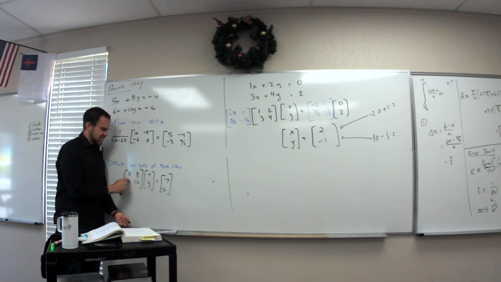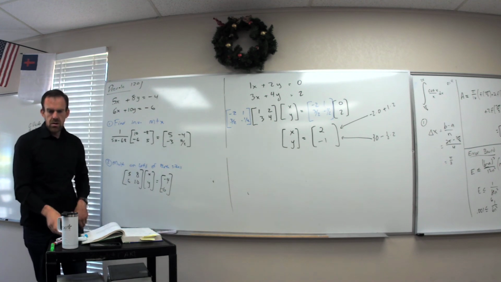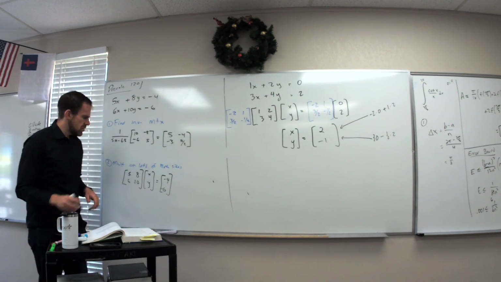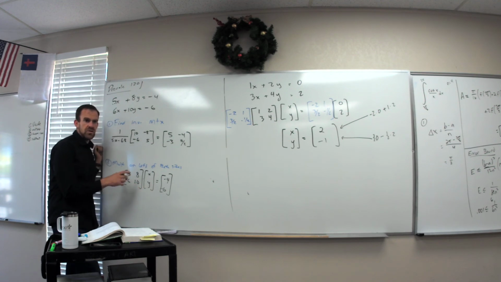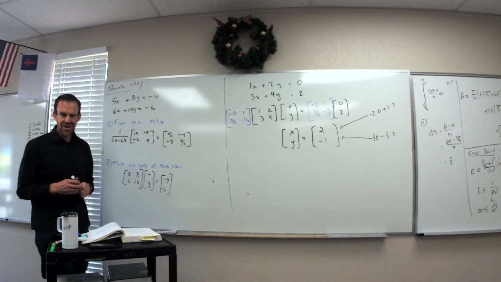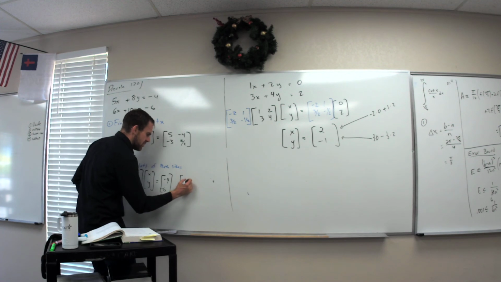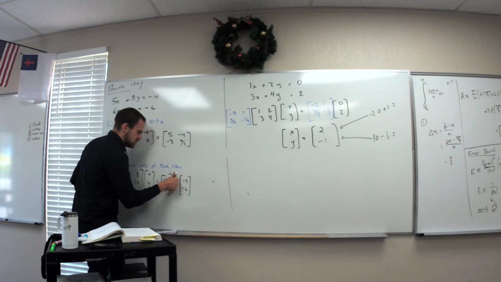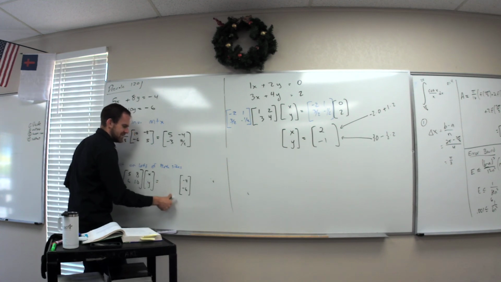And then I get 6x plus 10y equals whatever these things are on the right side. Do you add or subtract? This is multiplying. So when you're doing matrix multiplication, it's always adding.